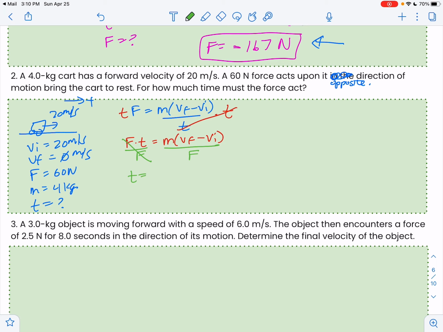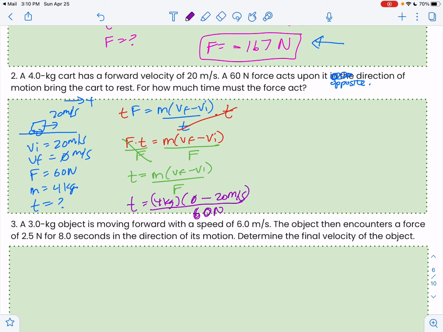Now I have t equals m times Vf minus Vi, over force. Now I can plug everything in. I'm going to have 4 kilograms times 0 minus 20 meters per second, divided by 60.